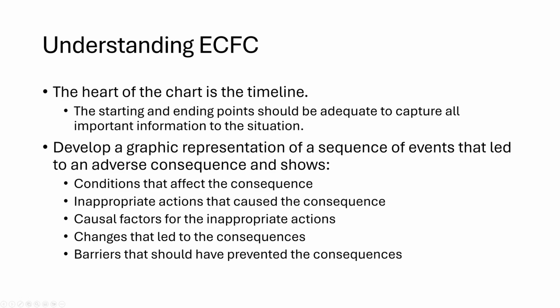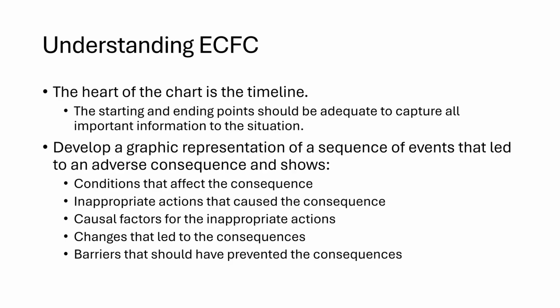Okay, so the heart of the event and causal factor chart is the timeline. The starting and ending point should be adequate to capture all important information to the situation. So what this means for you, the timeline of the event is not the timeline of the event and causal factor chart.